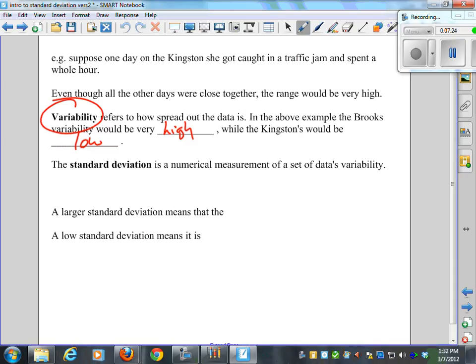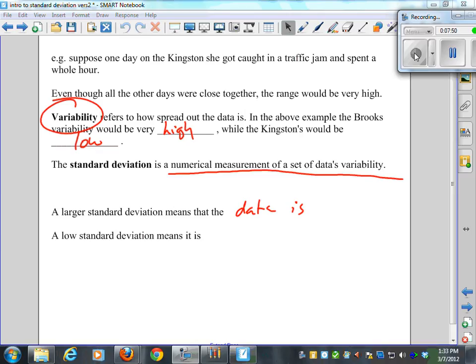Okay, so the phrase that we use for this is the standard deviation. The standard deviation is a numerical measurement of a set of data's variability. It's a number that tells you how spread out the data is. A larger standard deviation means that the data is spread out or close together?